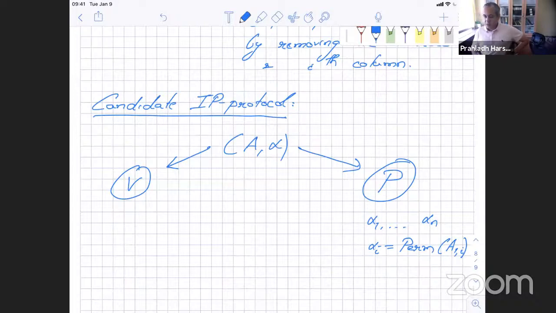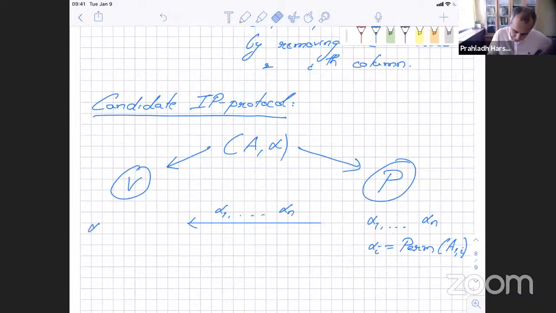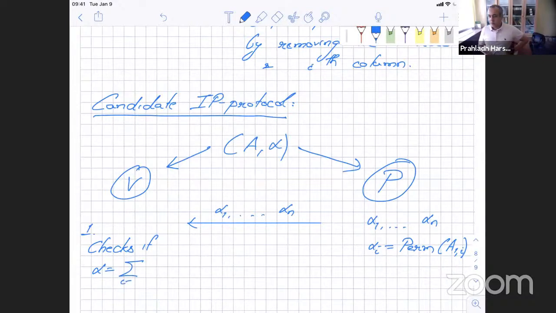He computes these n numbers and sends them across to the verifier. The verifier, first thing, should check if alpha is actually equal to the summation i going from 1 to n of A1i times alpha i. It needs to do this check.